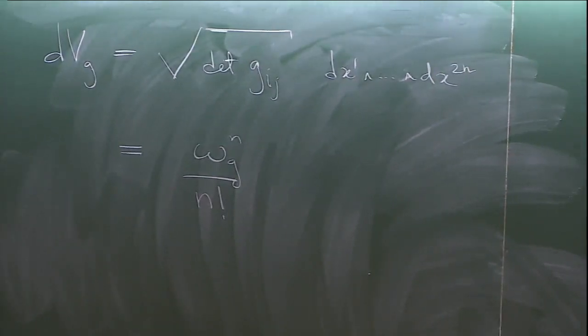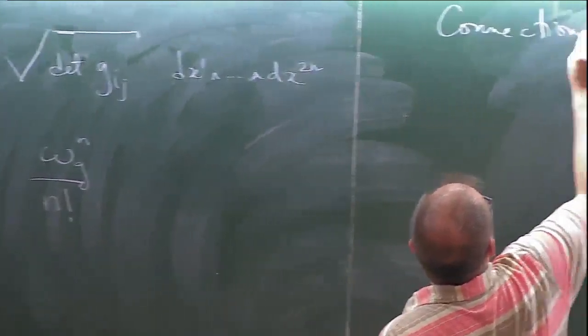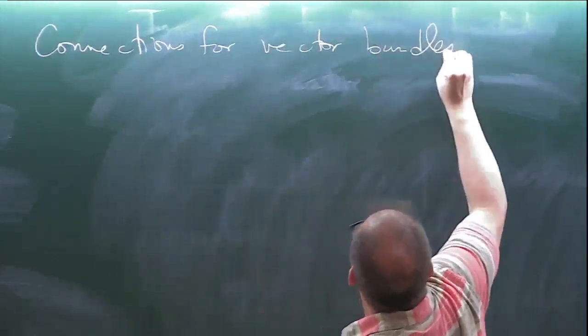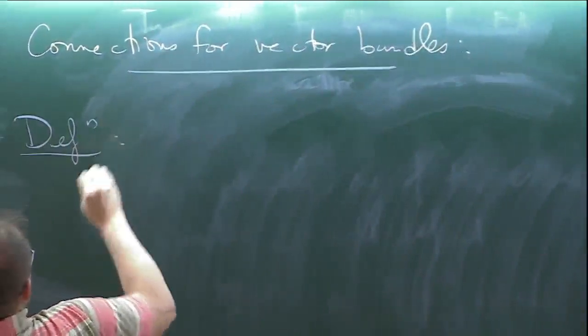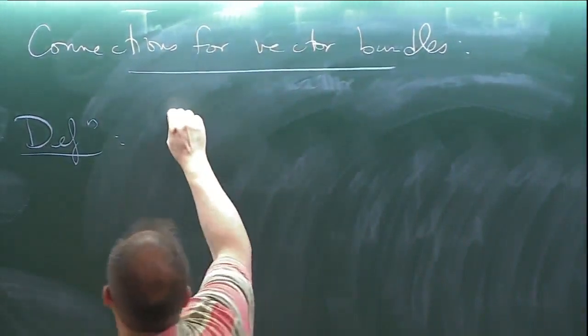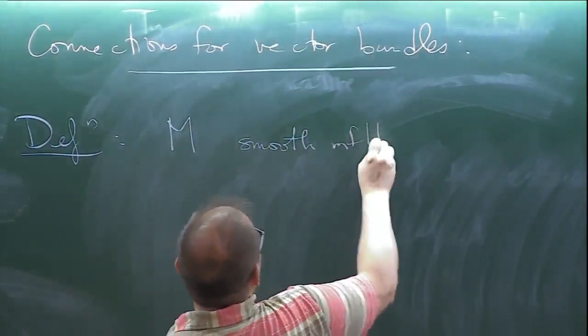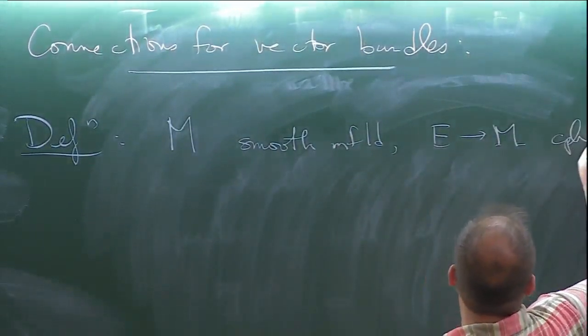So connections are these very, very general things. They work in extreme generality in differential geometry, but for vector bundles, they have a simple incarnation. So let's just give the definition. Let M be a smooth manifold, and then E will be a complex vector bundle.